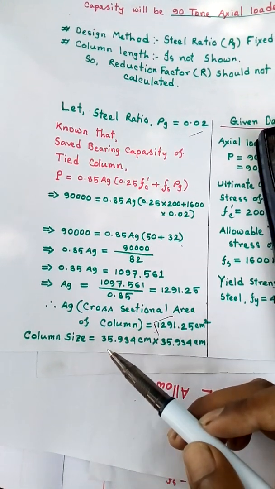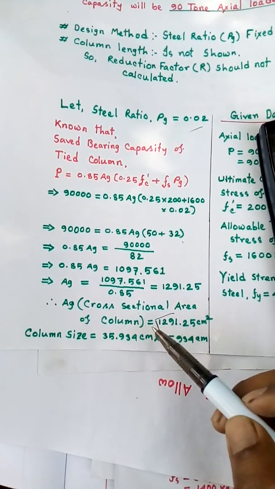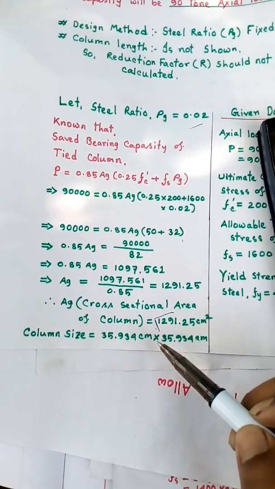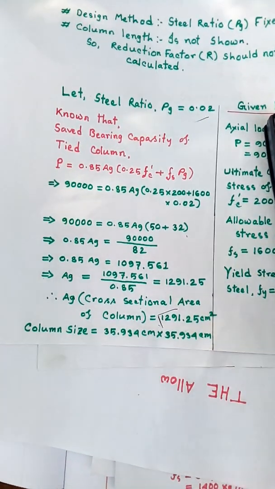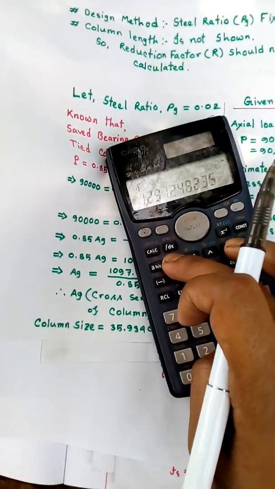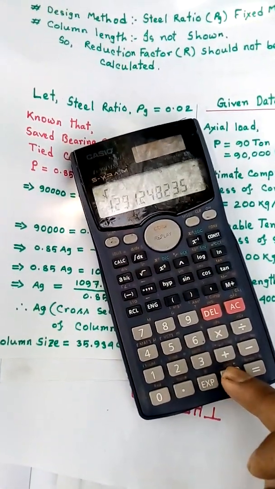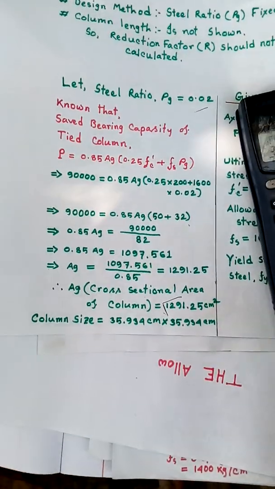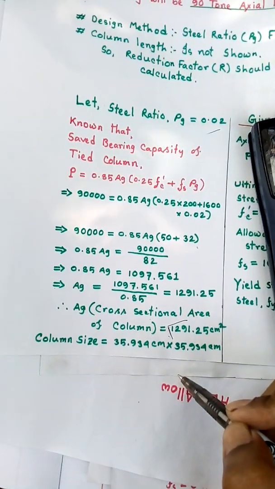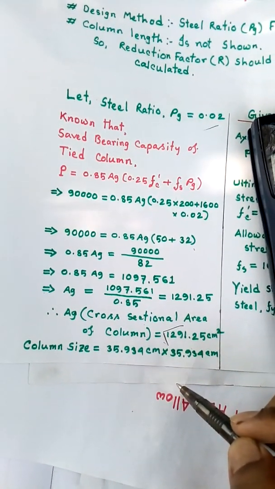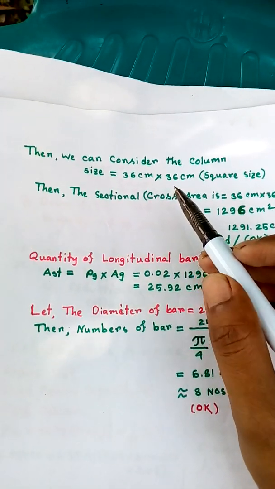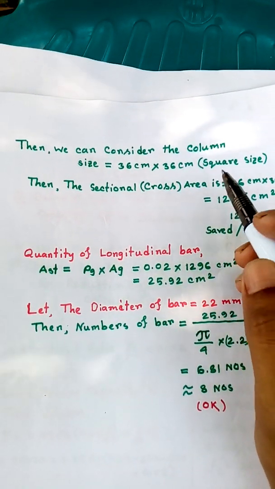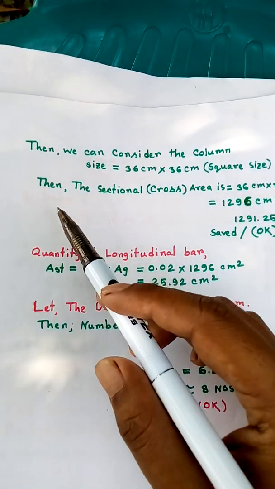Then column size, after taking the square root, we can get 35.93 centimeter into 35.93 centimeter. Then we can consider the column size 36 centimeter into 36 centimeter square size.